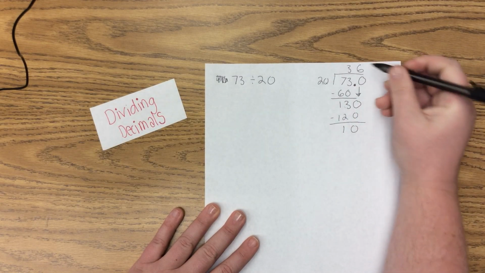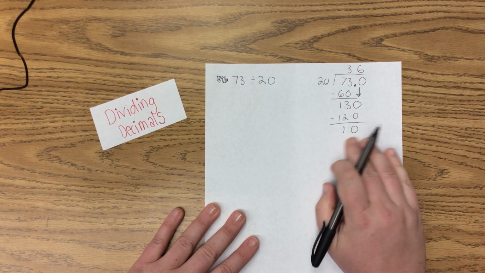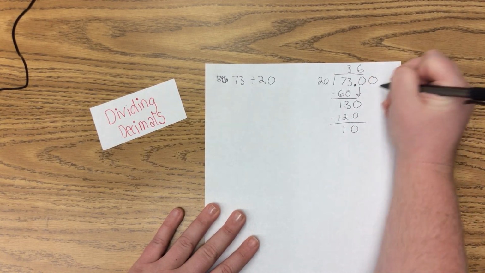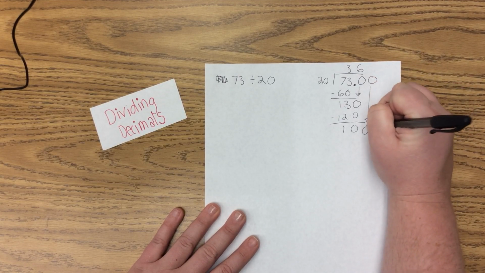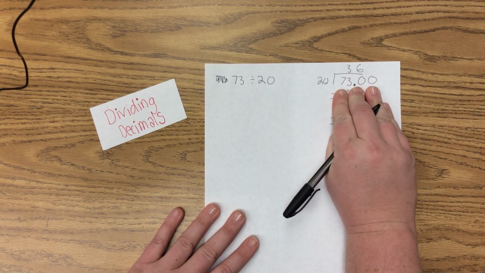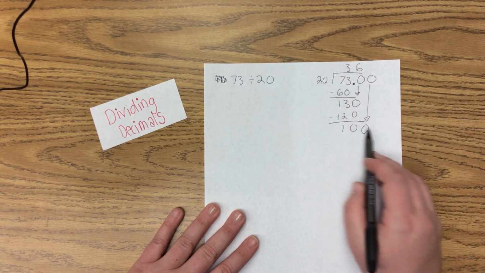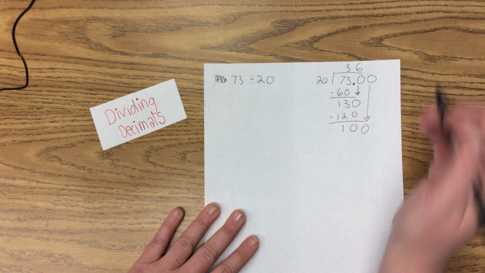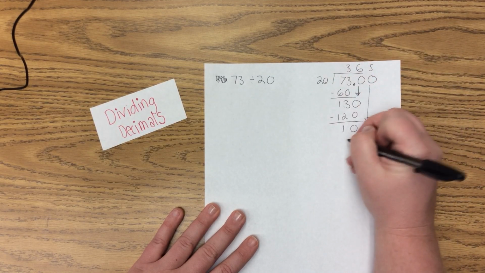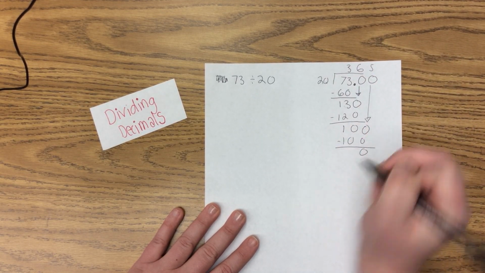Gives me 10 as my remainder. Again, I don't have a 0 down here, so I'm going to add another 0 here, drop it down. Again, I'm not changing the value of 73 at all. I'm just adding zeros to the decimal place, which will let me get a full final answer, because 20 goes into 100 5 times, and that goes in nice and even for us.